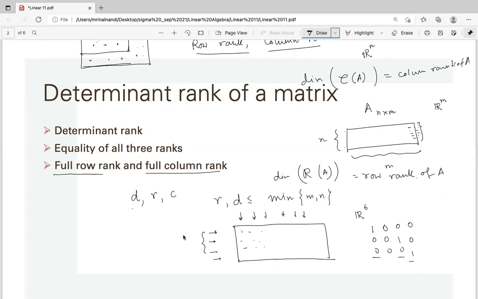Better you don't change the rows. You avoid the operation of interchanging 2 rows. Then it may not be this, but maybe this type of thing, where some zero columns are somewhere and zero rows are somewhere. You then consider where these leading ones are. You take those rows and those columns of the leading ones.